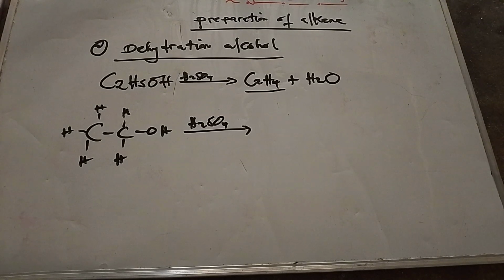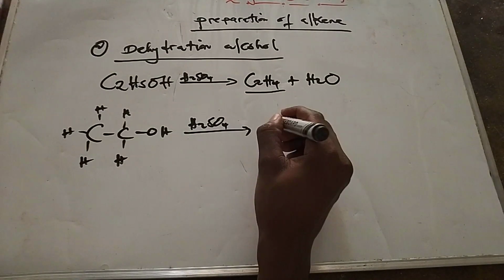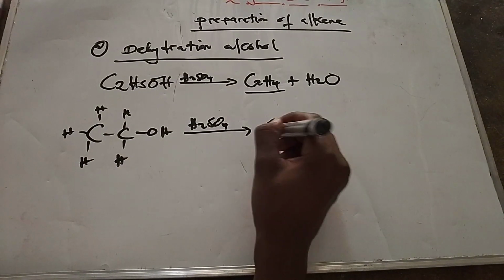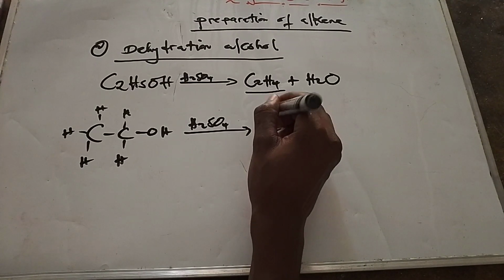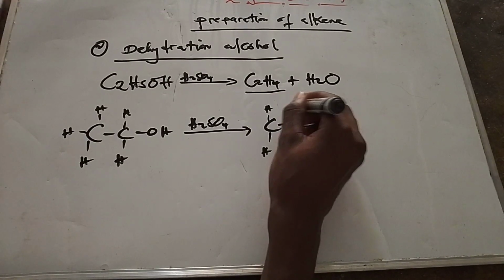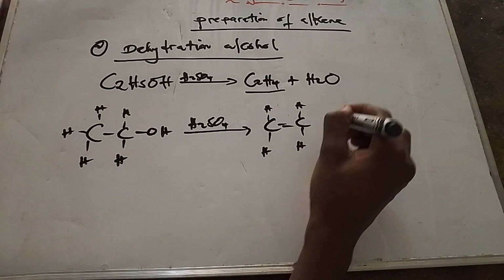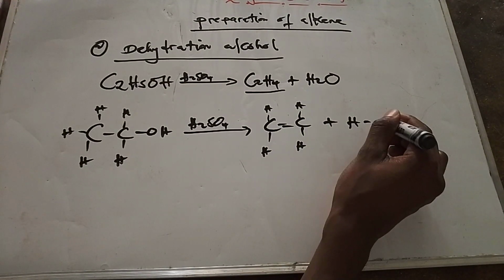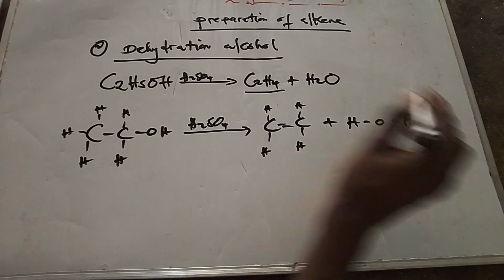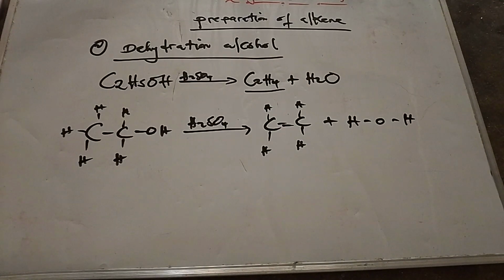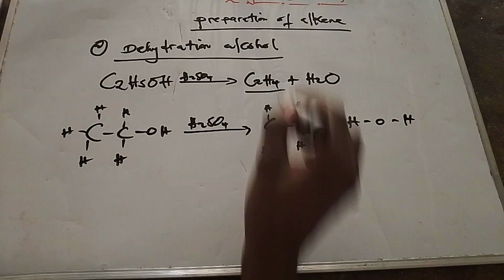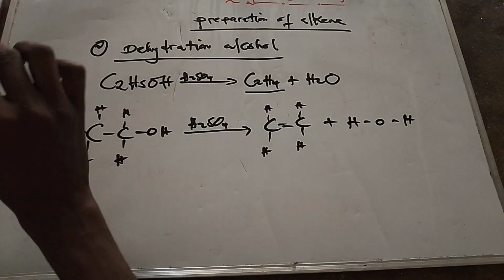Are we able to see? Okay. Then you'll form this one. So this has been produced. So that is how we say we have prepared an alkene from alcohol dehydration.